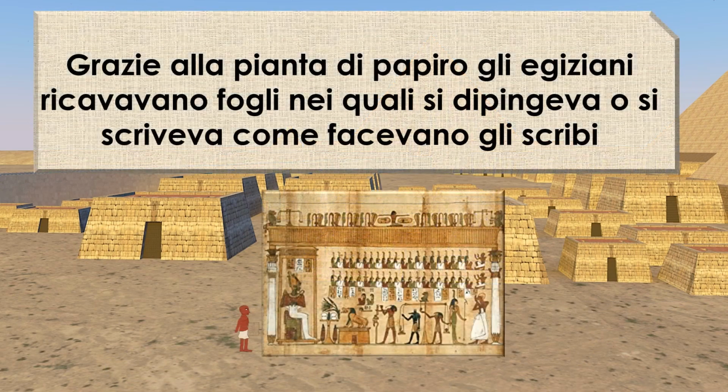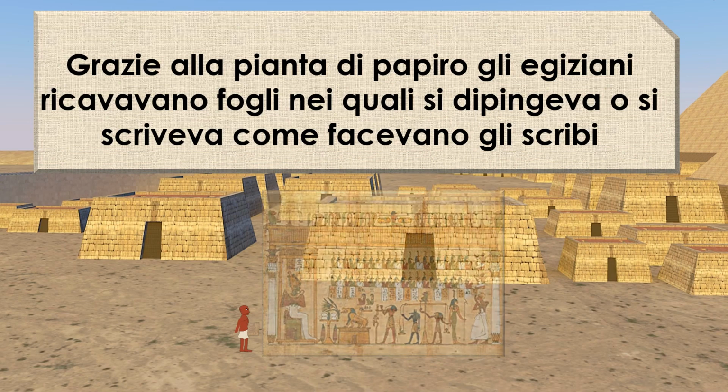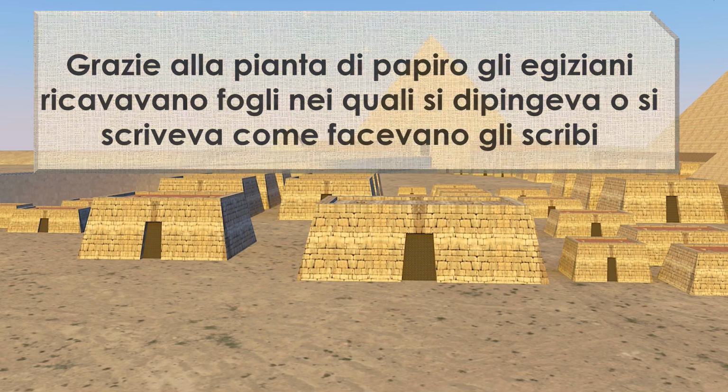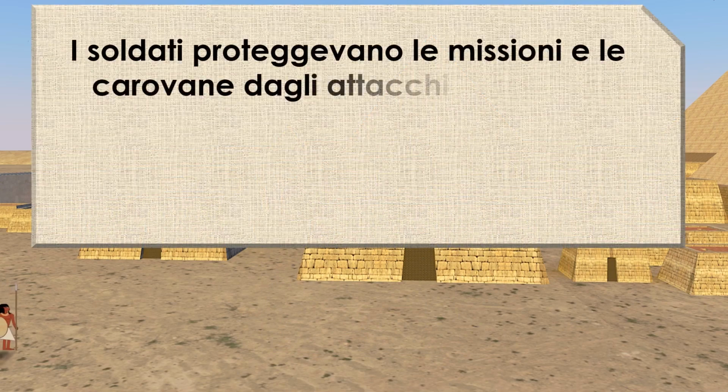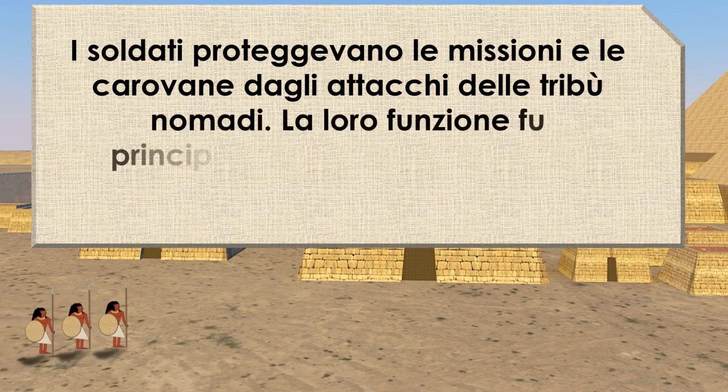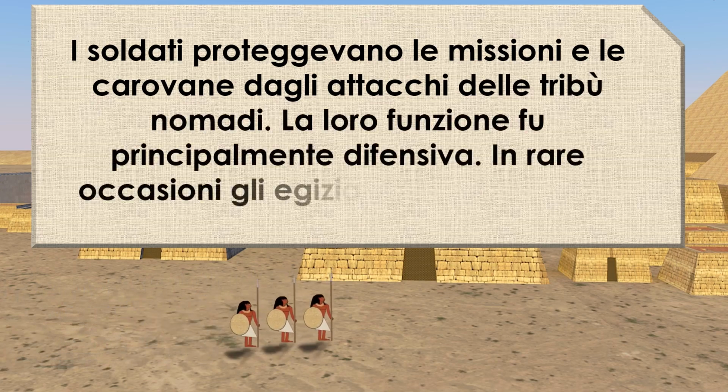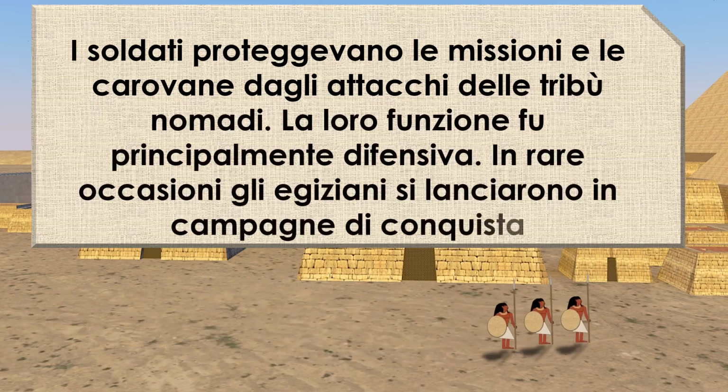Thanks to the papyrus plant, the Egyptians made sheets in which they painted or wrote, as did the scribes. Soldiers protected missions and caravans from attacks by nomadic tribes. Their function was primarily defensive. On rare occasions, the Egyptians embarked on campaigns of conquest.